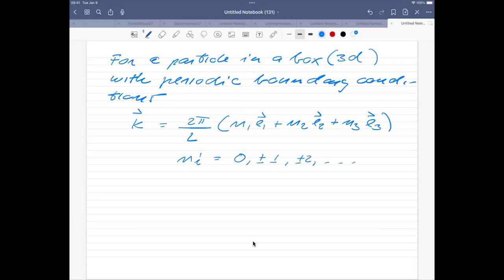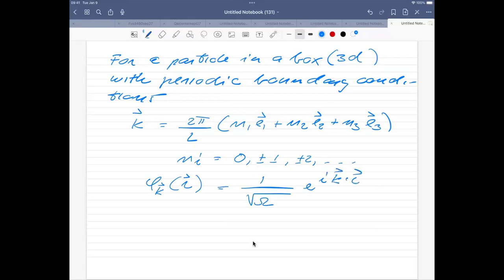This also means that the solution of this system for the kinetic energy is given by this momentum vector, or wave number as we call it, and it depends on the spatial degrees of freedom. It is given by 1 divided by the square root of the volume as a normalizing factor, times e to the i k times r.